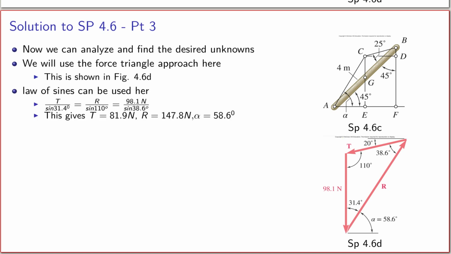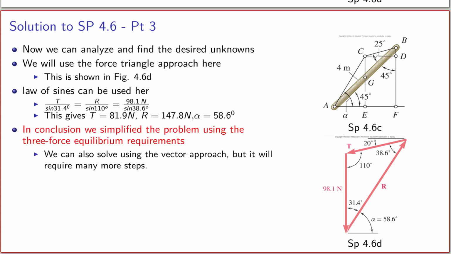Once we construct the triangle, we can use the law of sines here, with T over sine 31.4 equal to R over sine 110, which is equal to the weight divided by sine of 38.6. From this, we can find that the unknown value of the tension is 81.9 newtons. Yeah? And similarly, you can find R from this triangle approach.